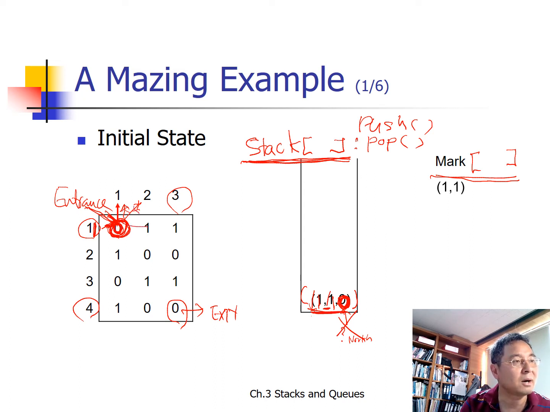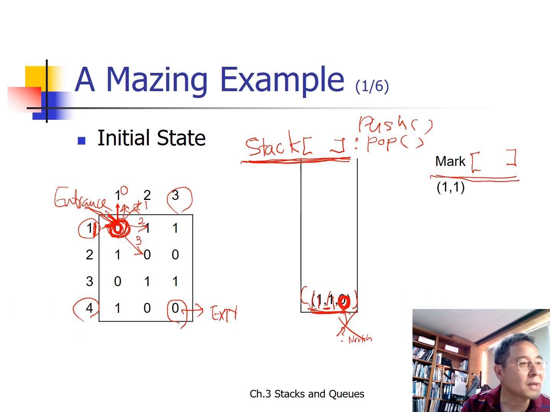And this one is 1, which means it is blocked. It is a wall, so we cannot go. Now this one, 0, is possible. So this north direction is 0. North east is 1, east is 2, and this is 3.